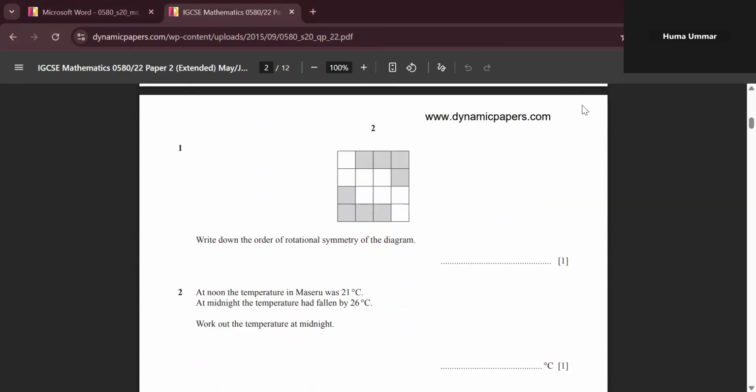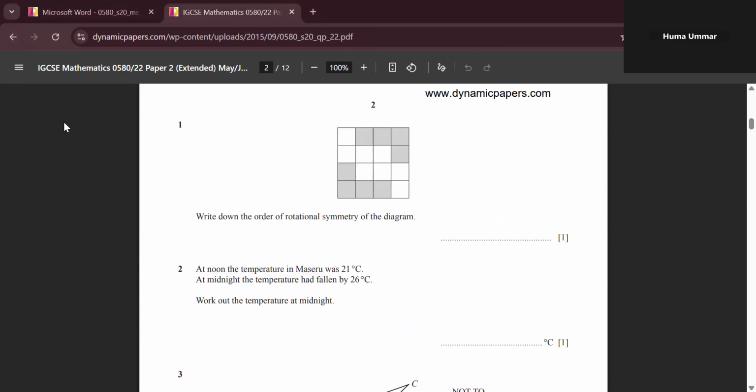Question number one is saying, write down the order of the rotational symmetry of the diagram. Whenever they talk about rotational symmetry, always remember this: first count all the sides, the outlines. So look, one, two, three, four.